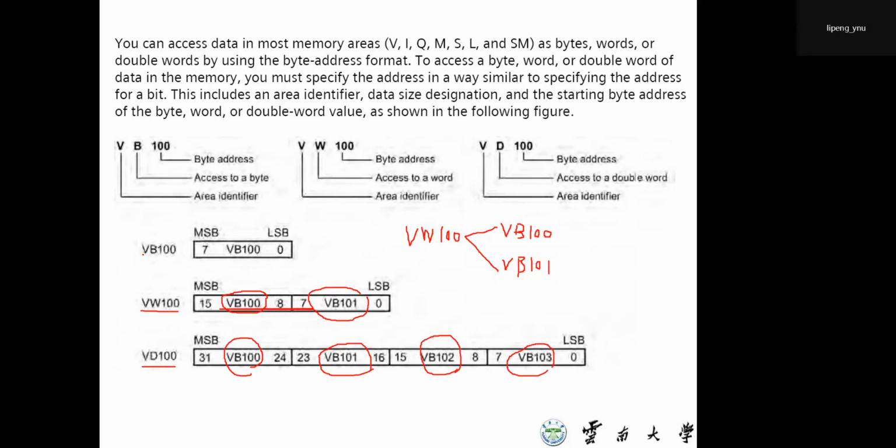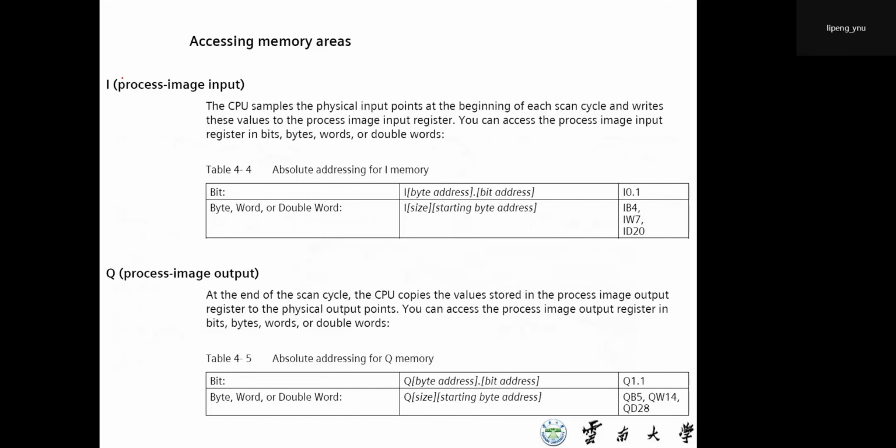And the V or I or Q or M or S or L and the SM, it's the memory areas. So we can see the I means what? It means process image input.